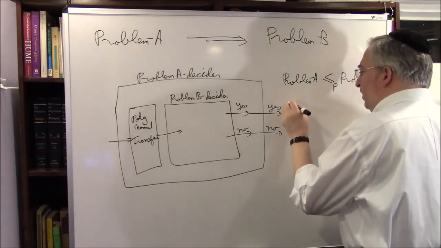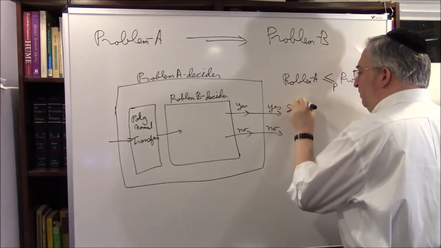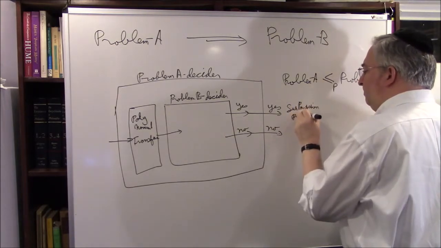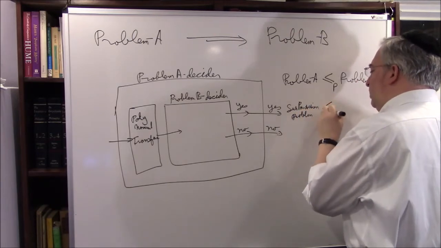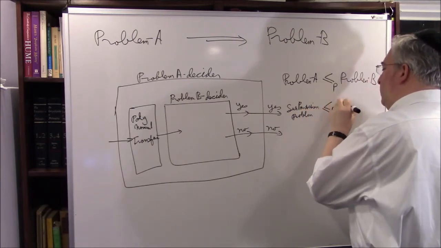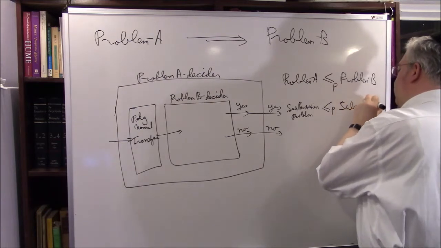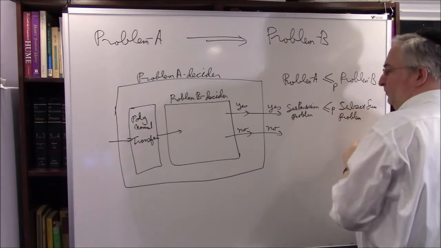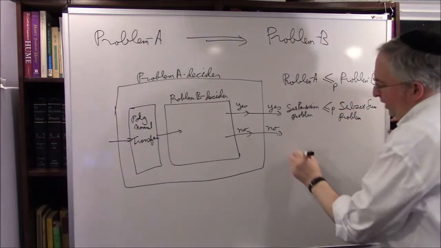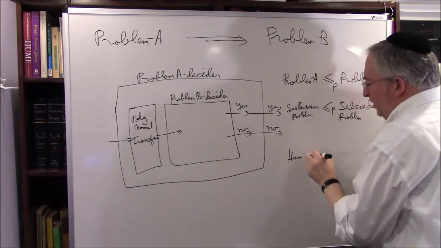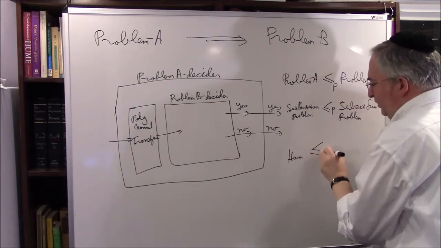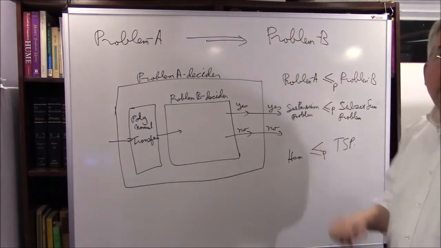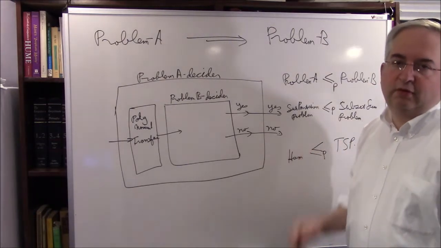We had the set partition problem, which was polynomial reducible to the subset sum problem. We also saw that the Hamiltonian cycle problem is polynomial reducible to the traveling salesman problem. Okay, and there are many, many, many more of these.